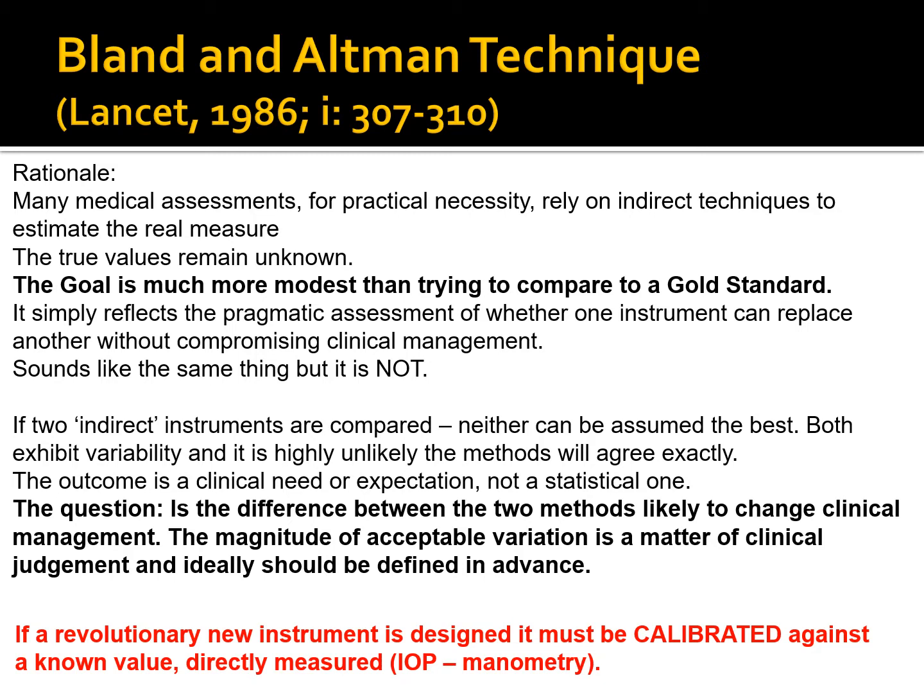So the goal is a much more modest one, although one could argue much more important, than simply trying to compare to a gold standard. It simply reflects the pragmatic assessment of whether one instrument can replace another without compromising clinical management. And that's the important point. And it's not the same as comparing to a gold standard. Comparing to a gold standard would be calibration.